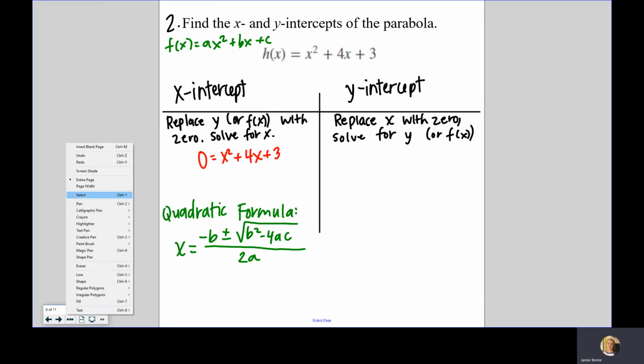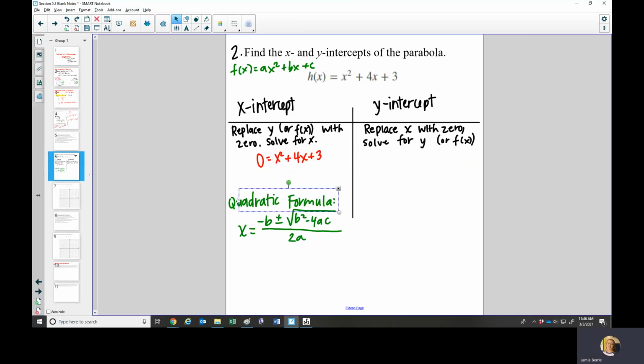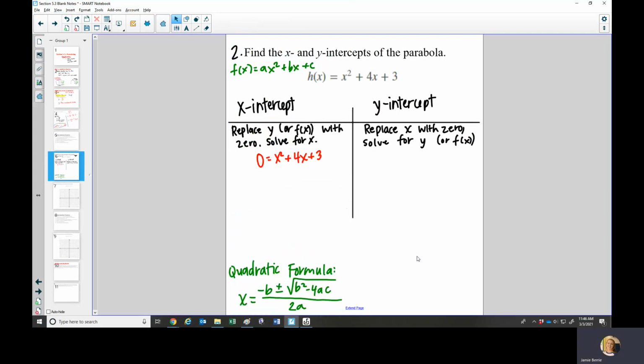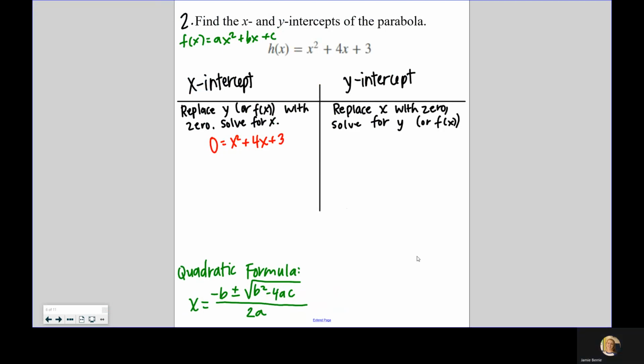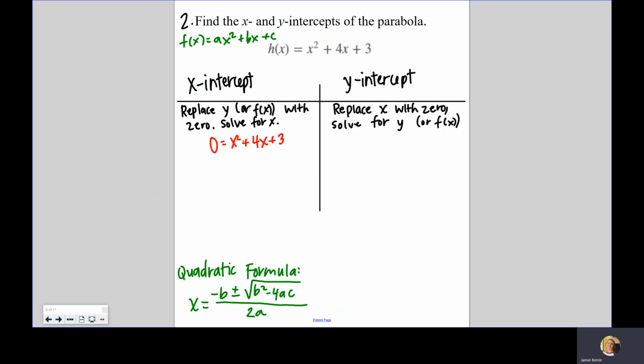All right, so let's come up here and use the quadratic formula to solve this. One important thing to note whenever you use the quadratic formula is that you have to have 0 on one side.